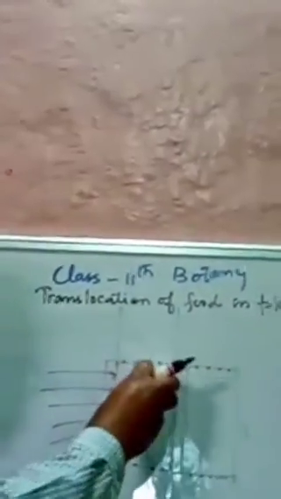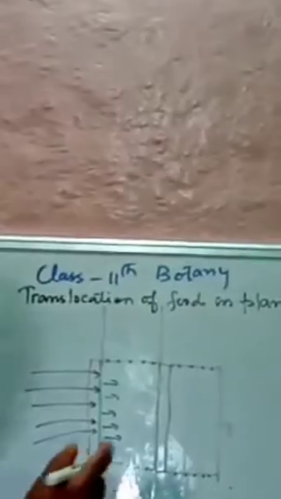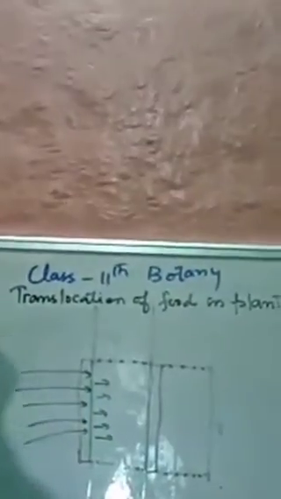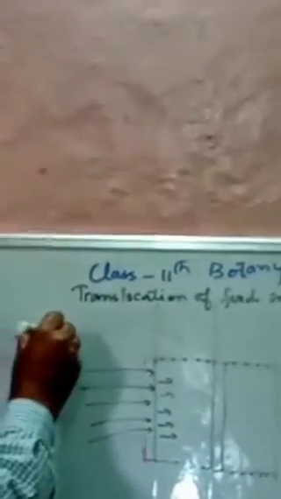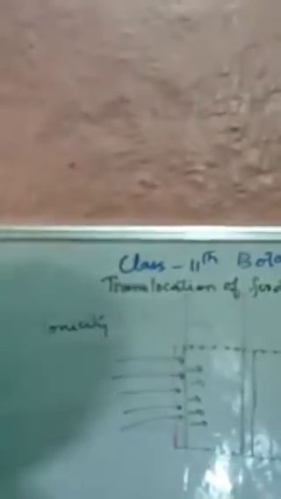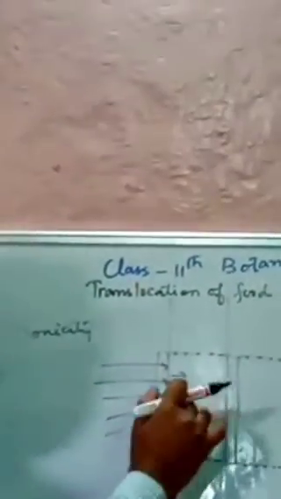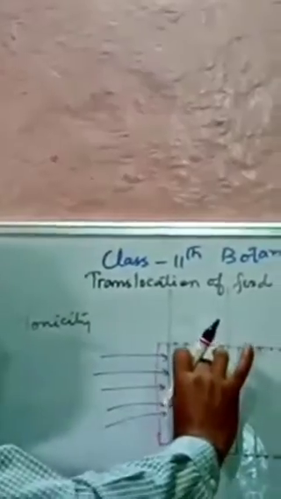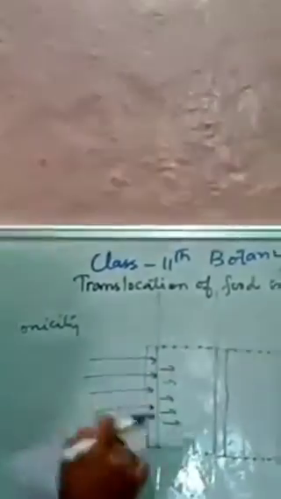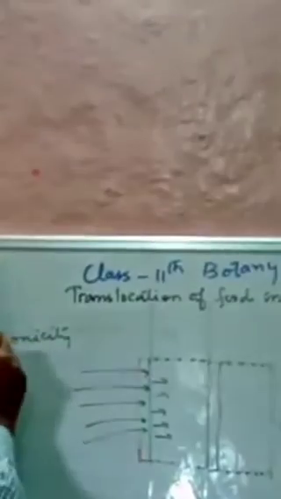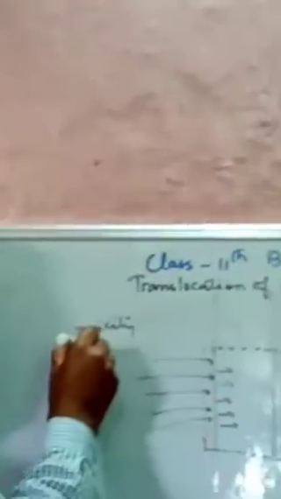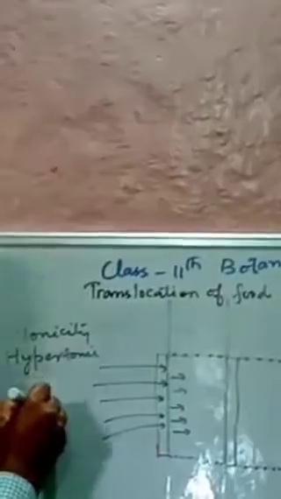Now here we will see tonicity. When the food, that is sucrose, reaches the sieve tube, it will become hypertonic, and the cell which is adjacent to it is hypotonic.